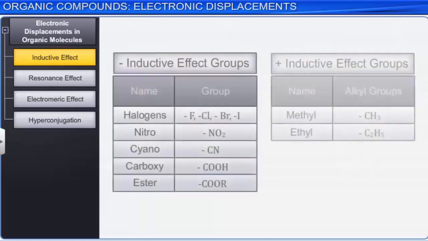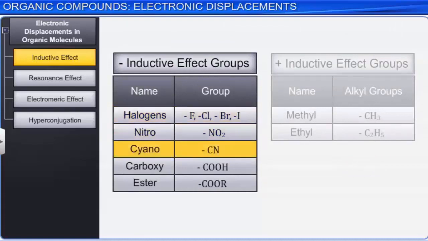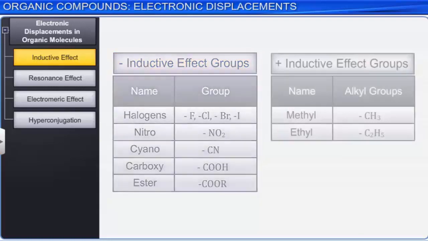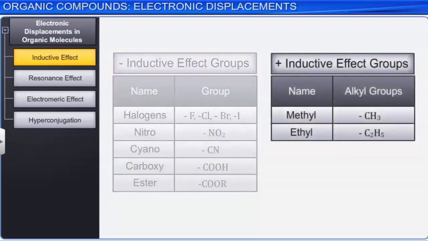Halogens, nitro, cyano, carboxy, and ester groups are electron withdrawing or minus inductive effect groups. Alkyl groups, for example, methyl and ethyl, are electron donating or plus inductive effect groups.